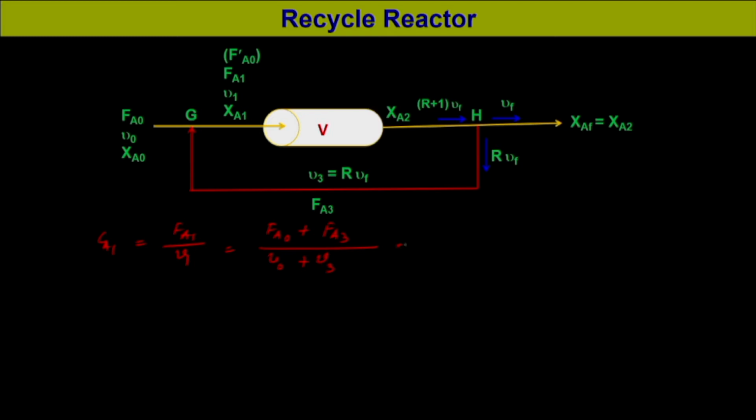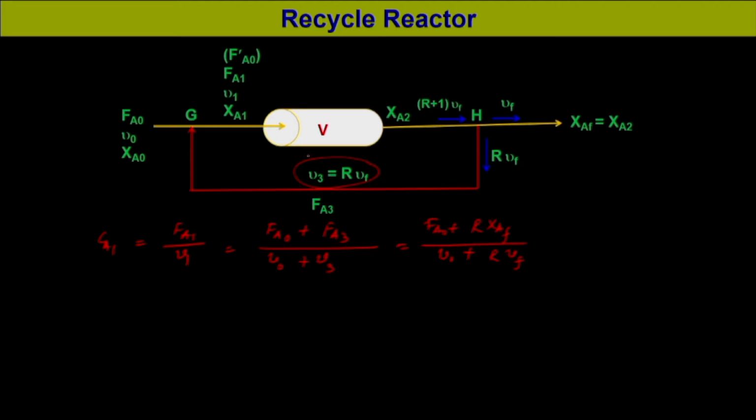So, this we can write F A naught plus R x A f divided by V naught plus R V f, which is F A 3, which is V 3.